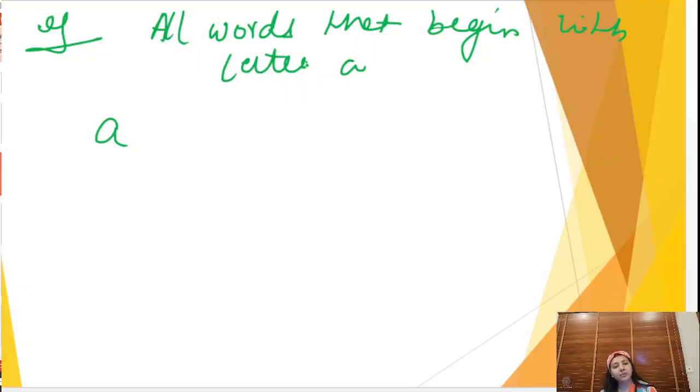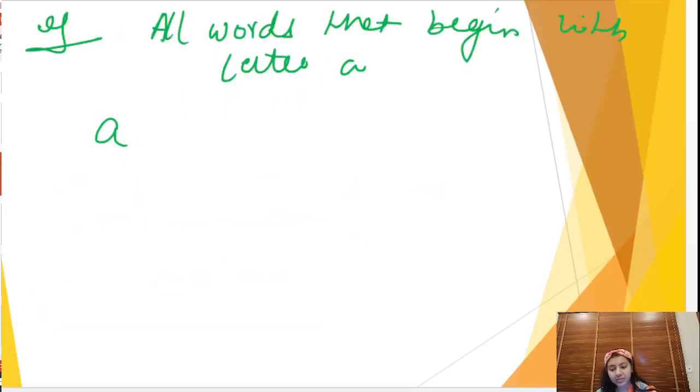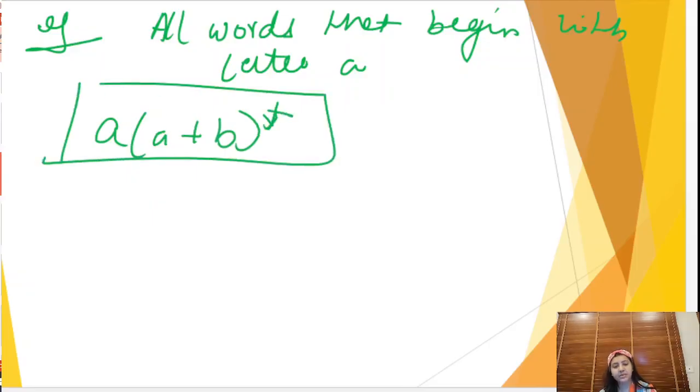There can be any number of A's, there can be any number of B's. So basically every possible string of A and B, and just now we have seen that to represent every possible string of A and B, we can use this regular expression. So this can be written as A followed by any string of A and B, A plus B star. So here it was beginning with letter A.